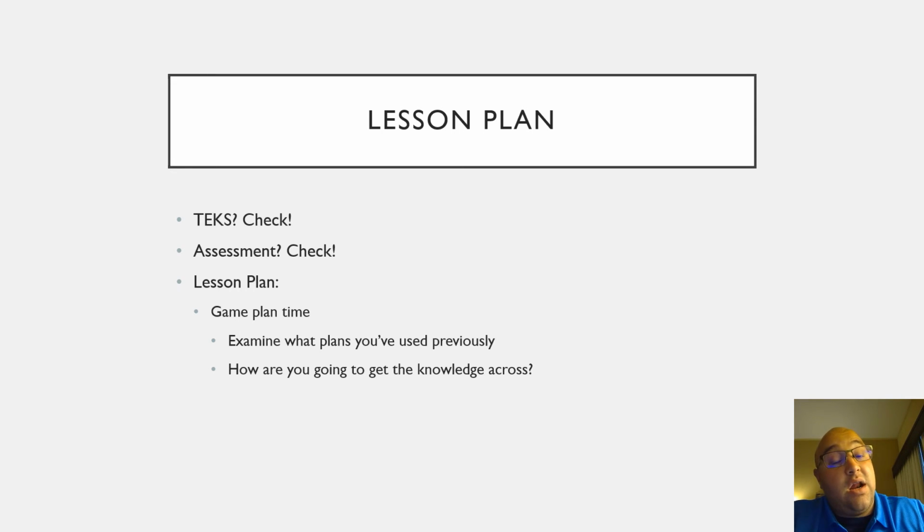Now, some of you might hit a point where you go, I've got to scrap this whole lesson plan and make a new one. That happens. We've got to do that. We've got to make sure that we're doing the best we can for these students. All right. So we start with our TEKS, we go to our assessments, and then we develop our lesson plans. And then last, we're going to make sure we have our formative assessments.